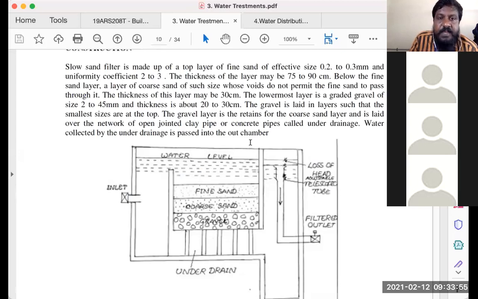And then it will have a coarse sand layer. Then a gravel course is taken up, which has a size of 2 to 45 mm gravels. And both of these would be of a depth of 20 to 30 centimeters.